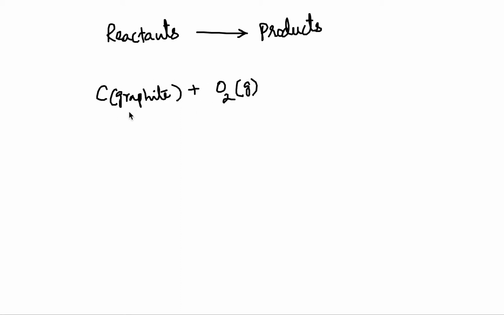We are expressing the reactants using their physical states, and we are also expressing the product using its physical state. And the enthalpy of this reaction we are writing on the right side, that means exclusively outside of the balanced equation, that is delta H. Let's say at 298 K, that's going to be -393.5 kilojoules.